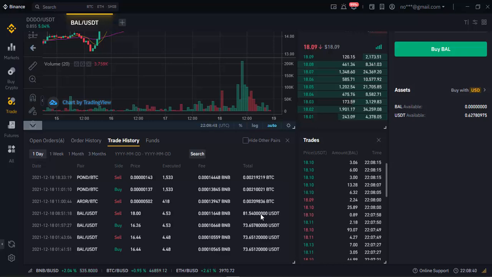So doing a little math, if you subtract 73.65 from 81.54, we have 7.89 USDT profit already.